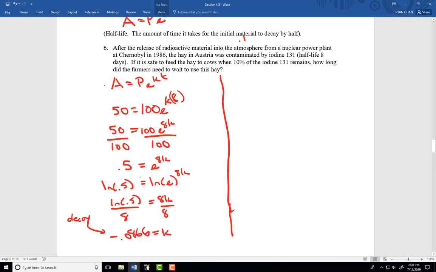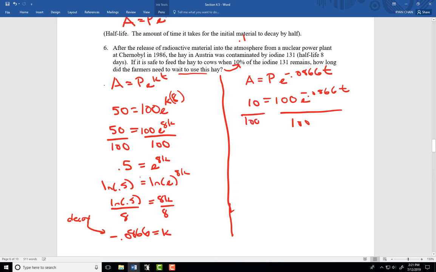Now I have my formula. I'm going to do A is equal to P e to the negative 0.0866 t. Now it says how long will the farmers need to wait when it's 10%? So if I'm starting off with 100, what's 10% of 100? That's just going to be 10. Then I divide by 100, and I'm going to solve for t. Remember, I'm dividing by 100 because I don't want a number in front before I take the natural log.